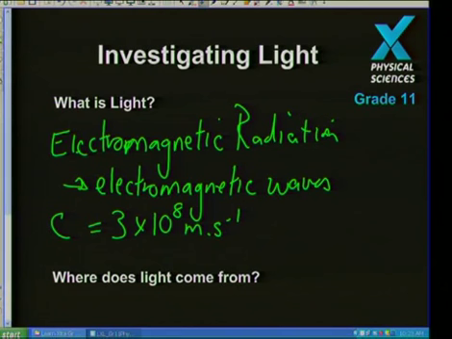Now, in terms of speed of objects and light, one of the most famous discoveries attributed to Einstein is his theory of special relativity and general relativity, and he actually went on to state that nothing can go faster than the speed of light.